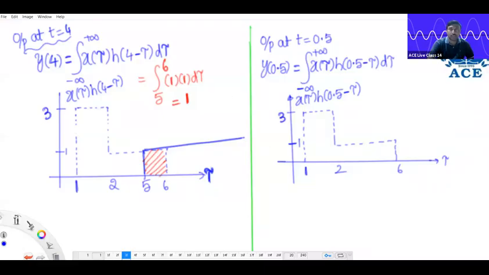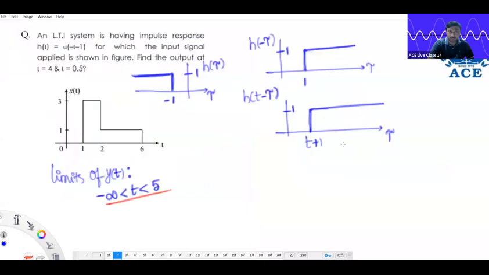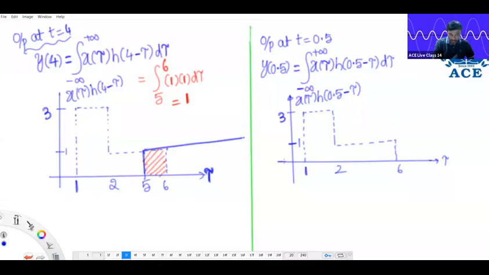What is the meaning of h of 0.5 minus tau? From the last slide, you have to substitute t equals 0.5 here. So where it covers is 1.5 to infinity.